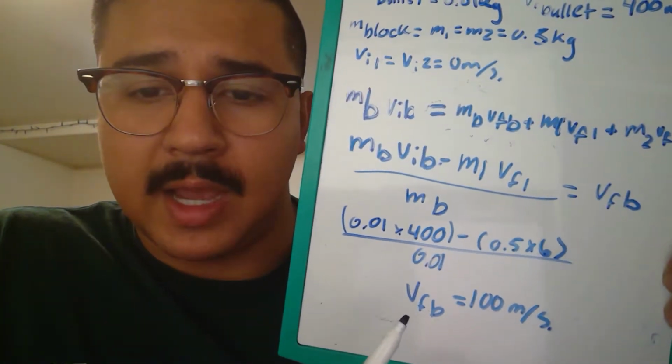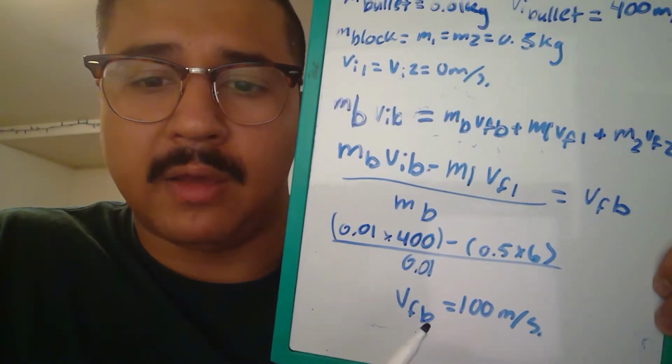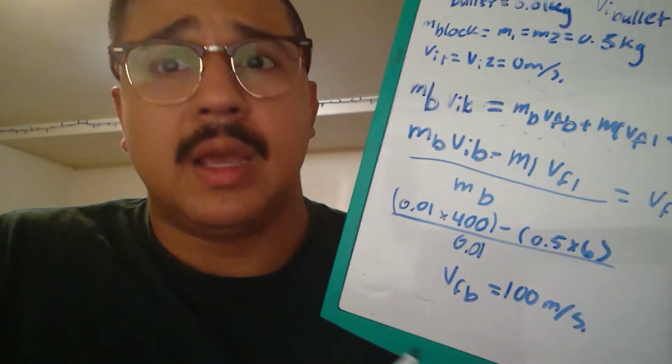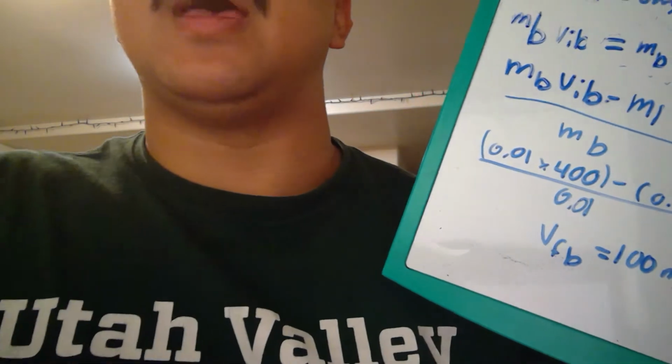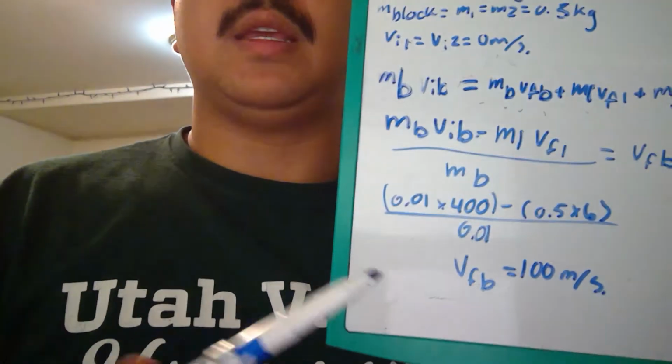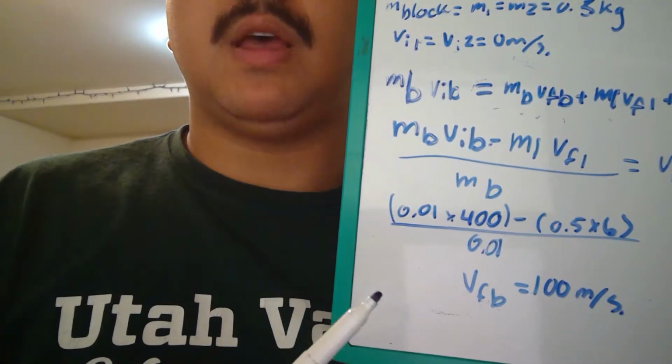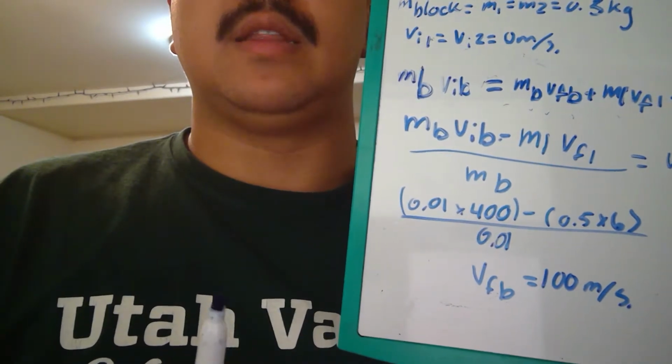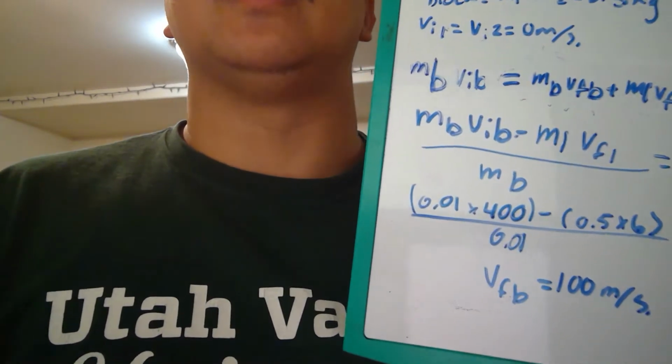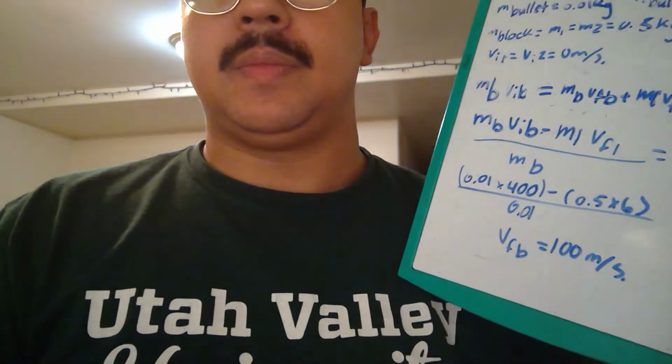And once I solve for that, I get a velocity of 100 meters per second. And so with that, that is going to be the final velocity of the bullet. And so now we're going to talk about the second block.